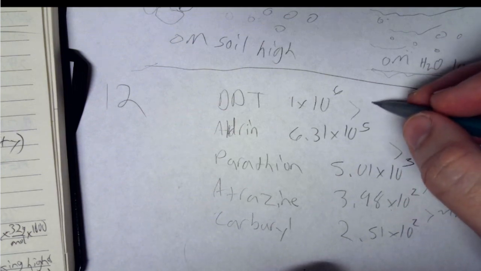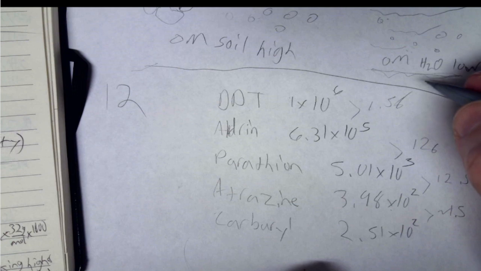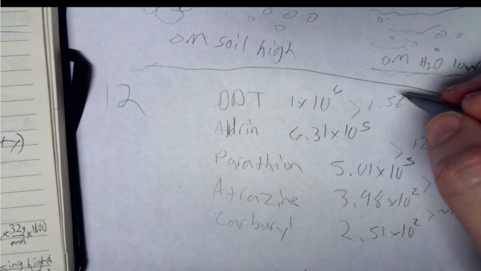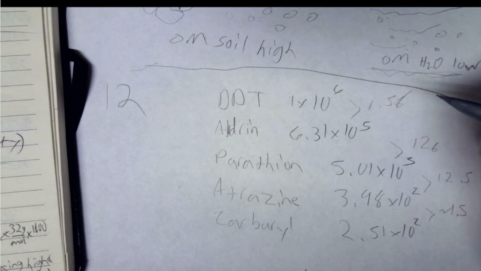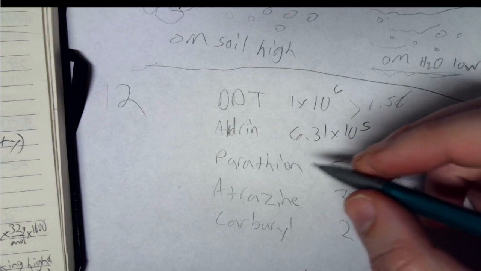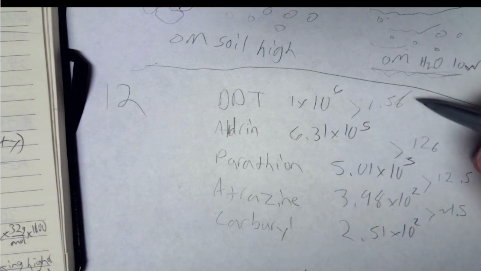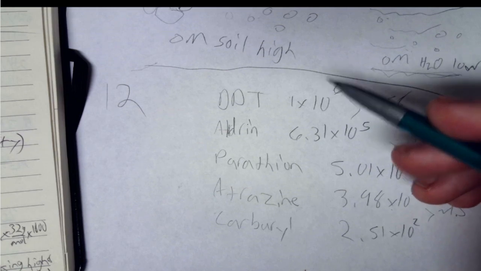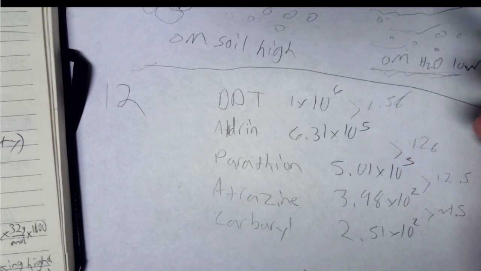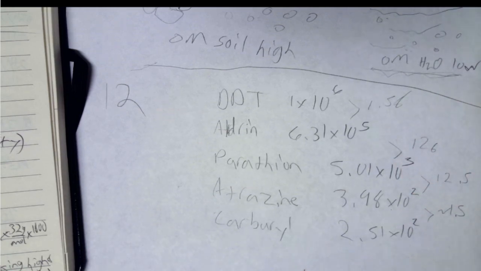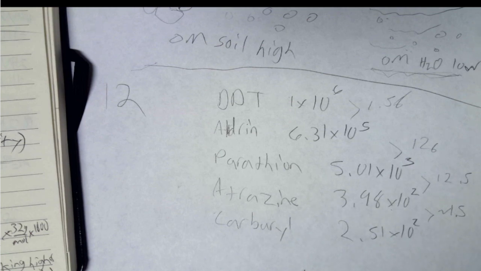This is about 1.58 times smaller. And we can see, generally speaking, as these numbers get lower, the solubility gets higher. There's not a nice direct correlation, but there is somewhat of a correlation that we can see here.